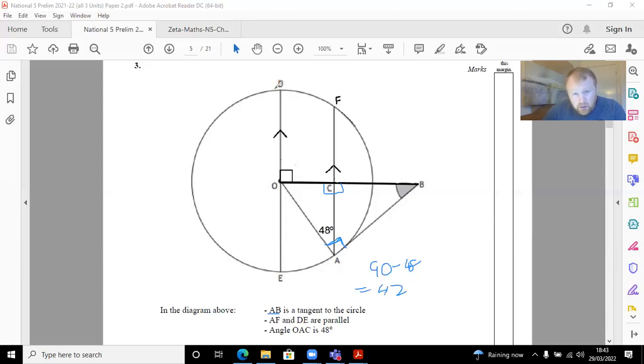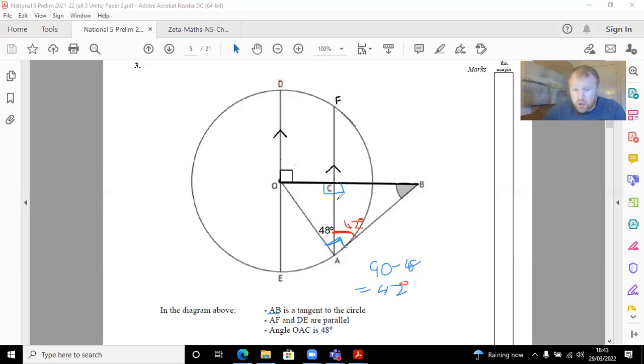That means that angle in there is 42 degrees. Now that comes from the knowledge of that radius where that meets the tangent creating a 90 degree angle, which means we just need to take away that 48 from 90 to get the missing part.